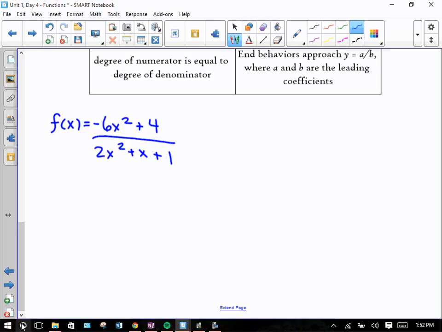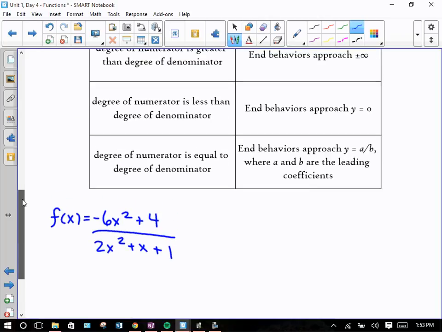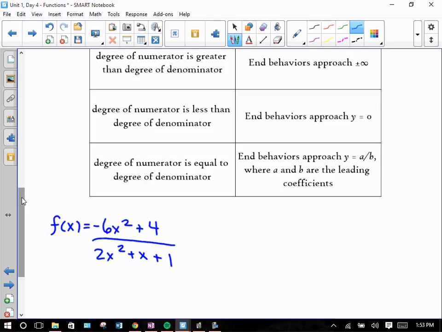Again, you're looking at the degree of the numerator and the denominator.